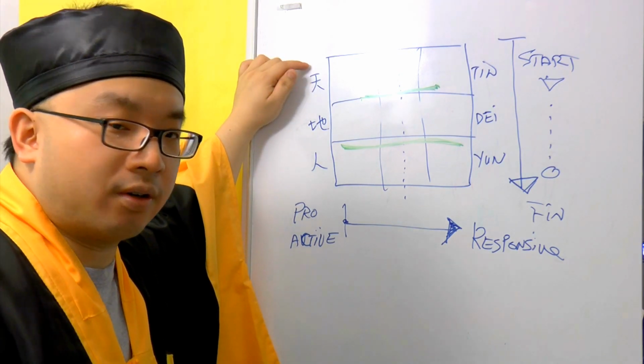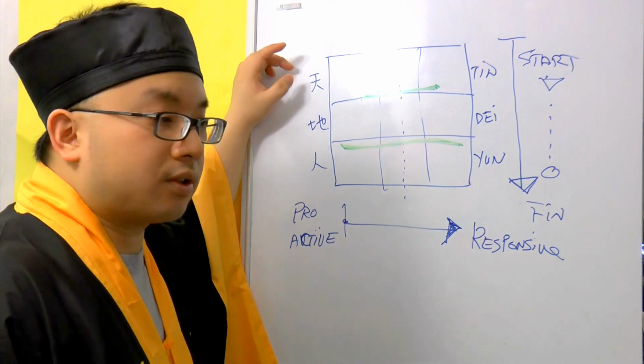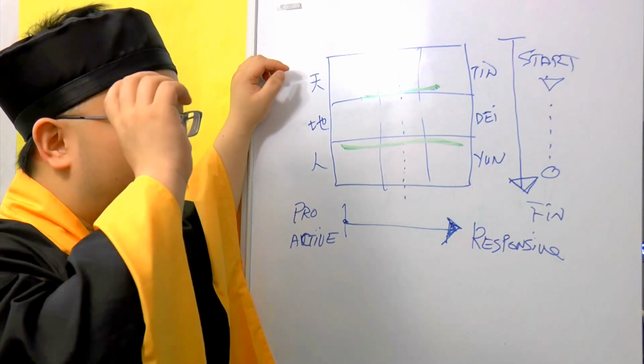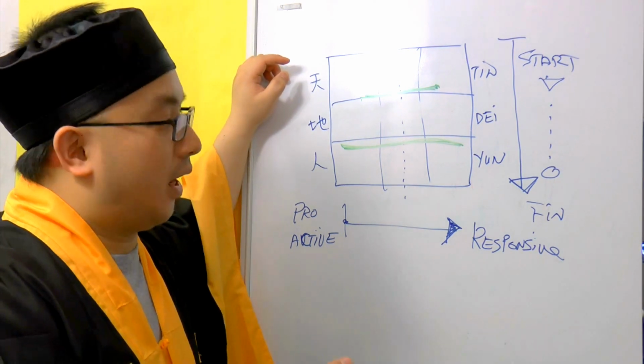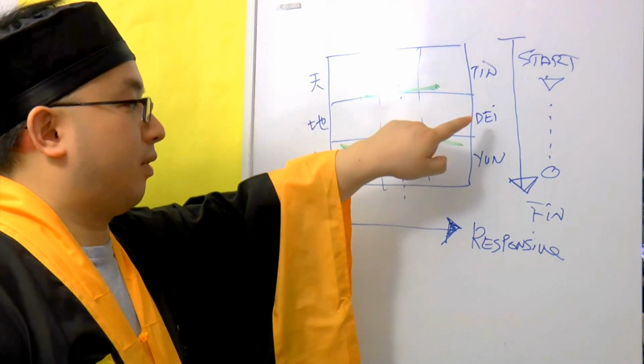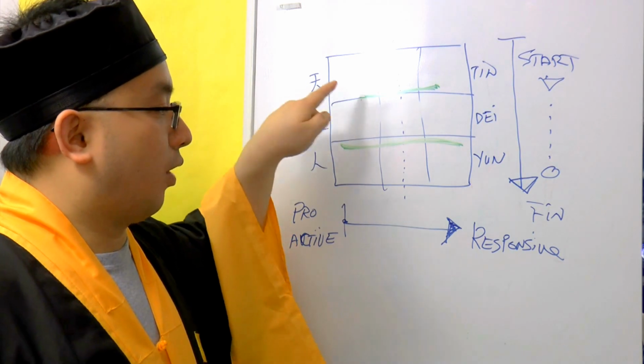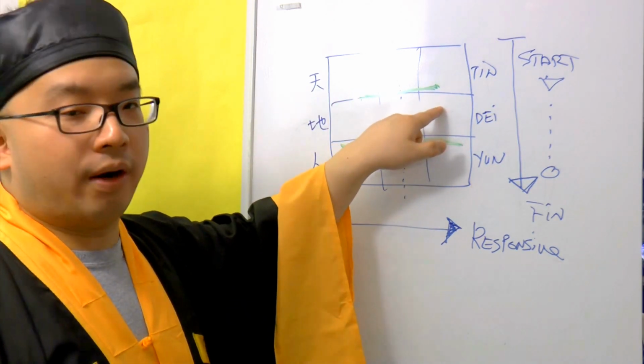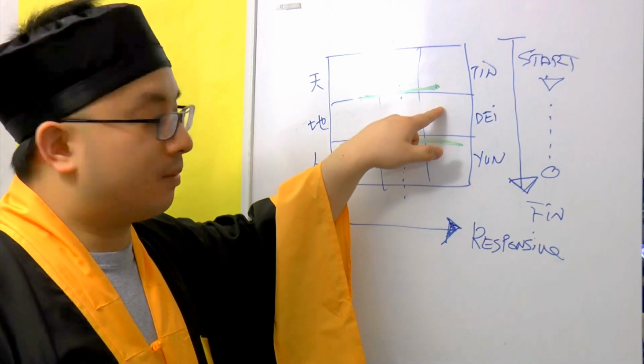This is the intention of getting into action, like you are getting ready to go into action toward the responsive side. So you have already set your action, how it should begin, toward whatever destination.